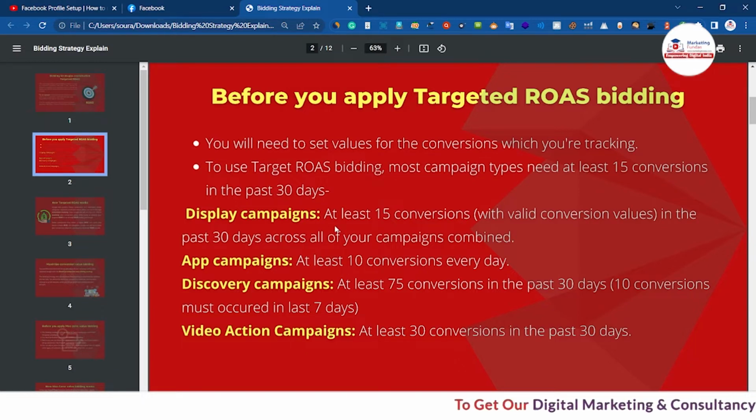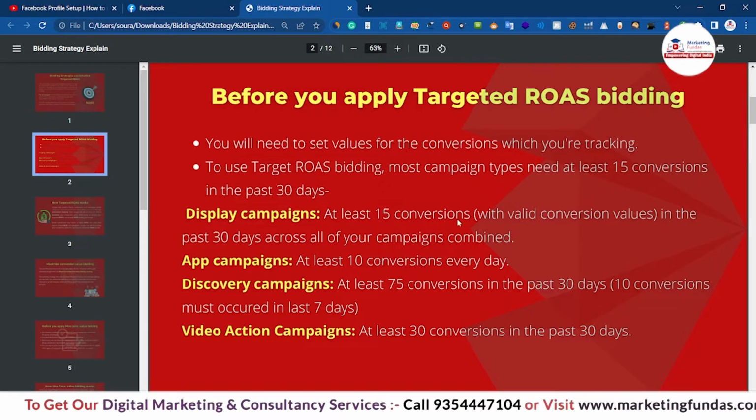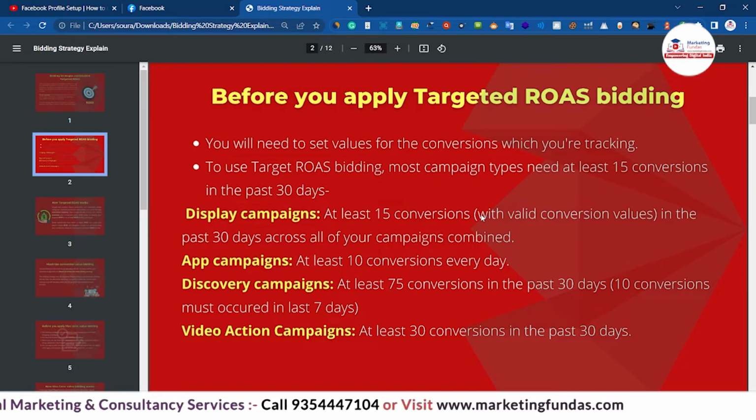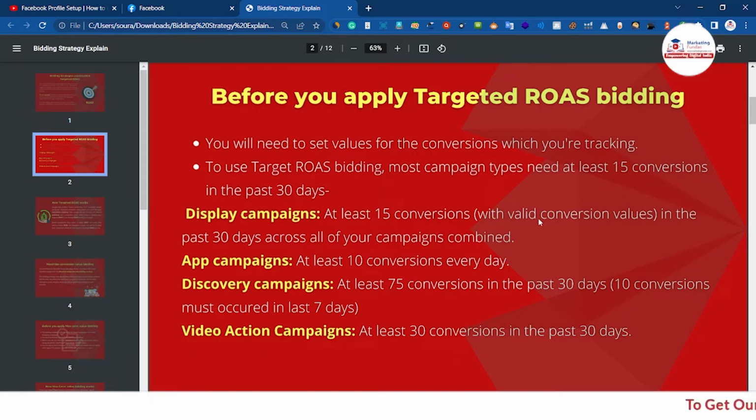Now, if we talk about display campaigns, at least 15 conversions in the past 30 days across all your campaigns combined. Also, you need to note that the conversions should be valid, meaning the conversion should be set with a value.